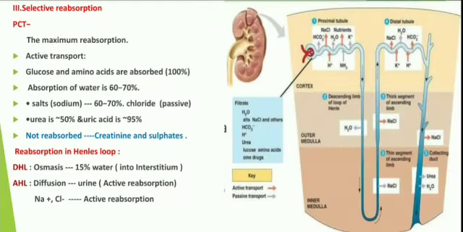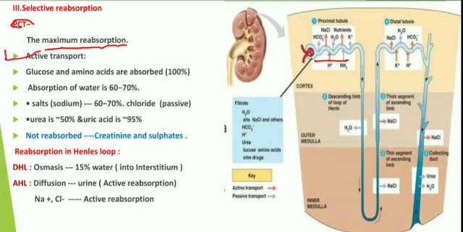Now we go for selective reabsorption in various parts. The first one is the PCT, the proximal convoluted tubule. It is the most important site for maximum reabsorption of substances, by passive or active transport.